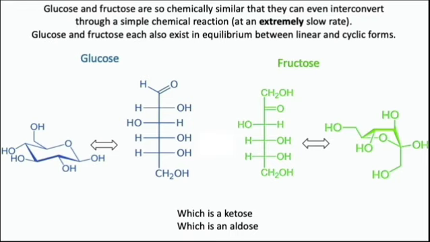Again, basic organic nomenclature. Ketose, ose always means sugar. Ket is from ketone. Aldose, ose is from sugar. Al is from aldehyde. Which is an aldehyde, which is a ketone? Aldehydes and ketones are based upon a carbonyl group, a carbonyl being a carbon-oxygen double bond.